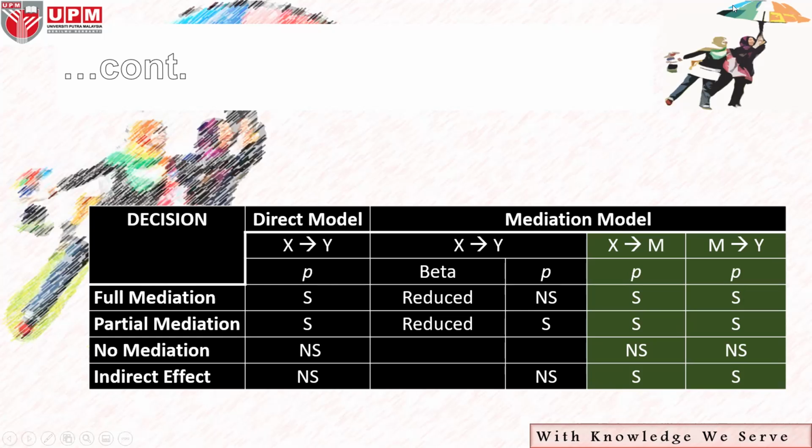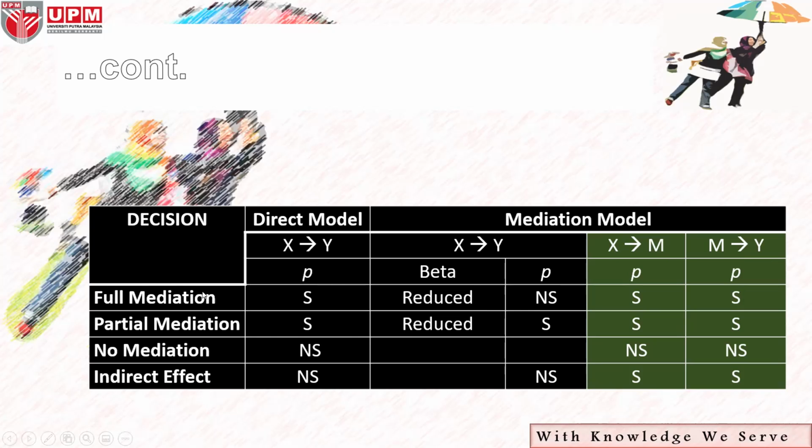Okay, dia ada jenis-jenis mediation juga. Second one, if the direct model significant, but in mediation model, X influence on Y reduce, the result is significant, the influence of X on M is significant, and the influence of M on Y is significant. This one indicate partial mediation.